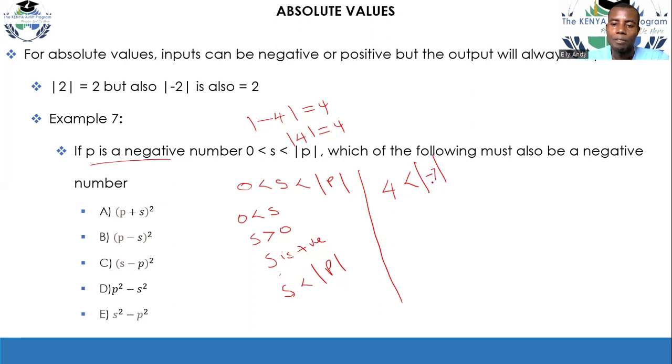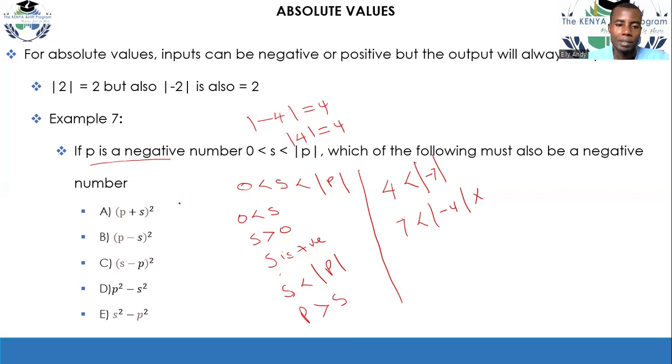This can only be true if 7 itself is greater than 4. Because if we reverse these numbers and have something like 7 is less than the absolute value of -4, this will not hold true. So in our case here, we also know that P is greater than S.